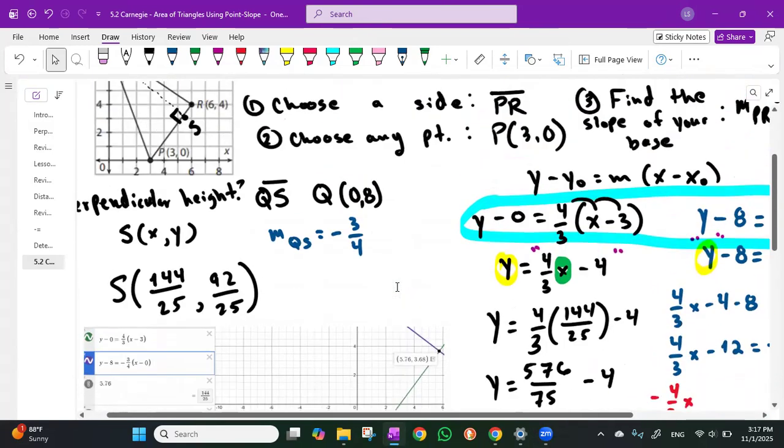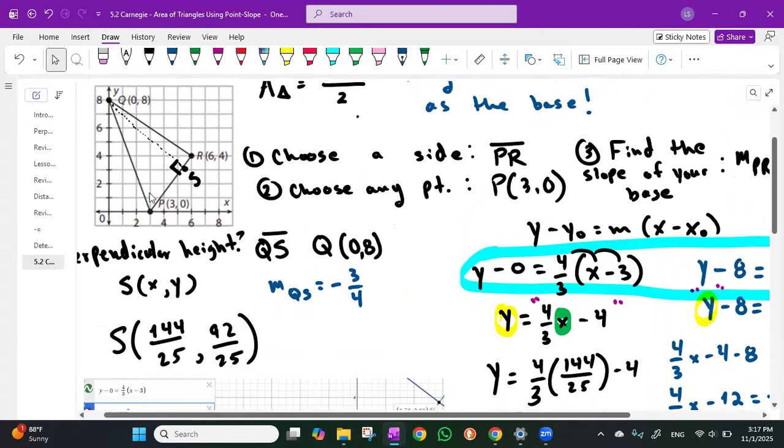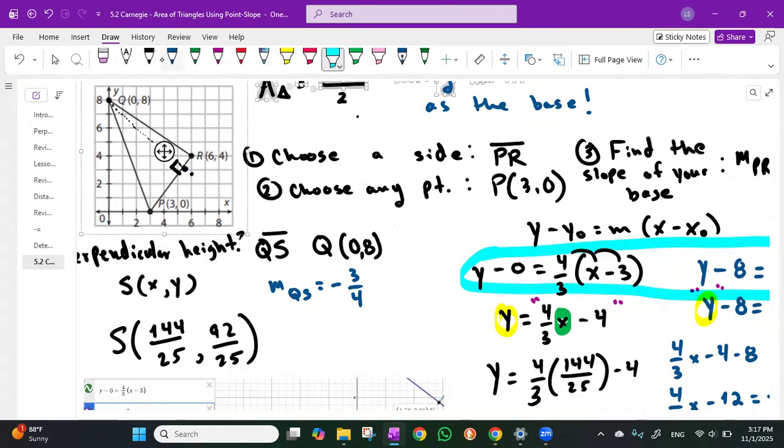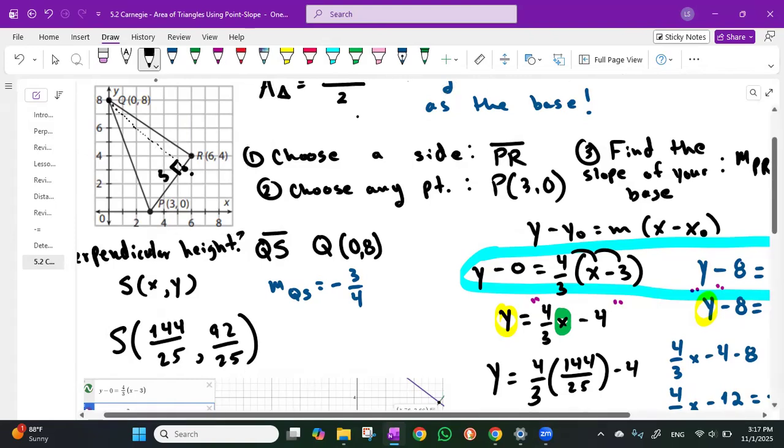We do have the coordinates. We can use the Pythagorean theorem to figure out the distance for PR, or the measurement for the length of PR. So if we do the Pythagorean theorem, 1, 2, 3, that's 3, and 1, 2, 3, 4, right?